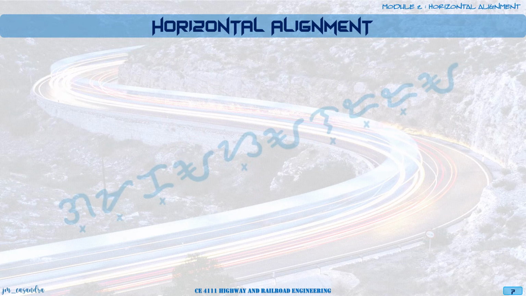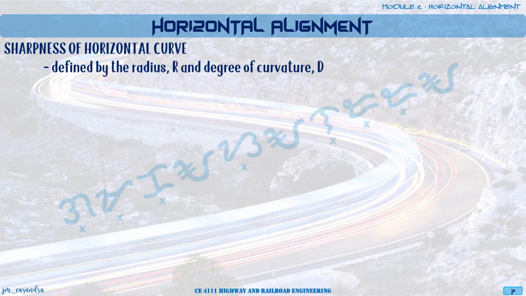So since our horizontal alignment from our computations can be defined by the radius of curvature and the degree, from this we could also define the sharpness of our horizontal curves. From the radius, if we have a short or small radius, it means our curve is a sharp curve.